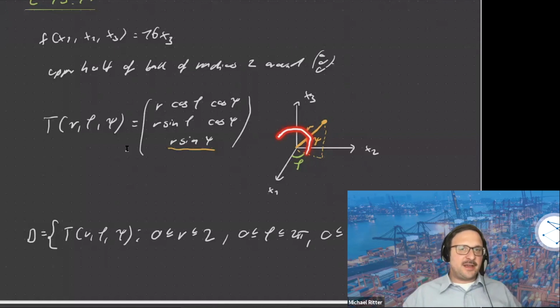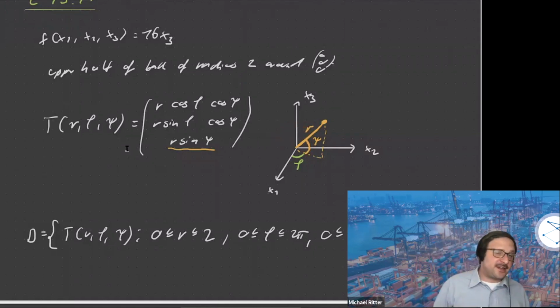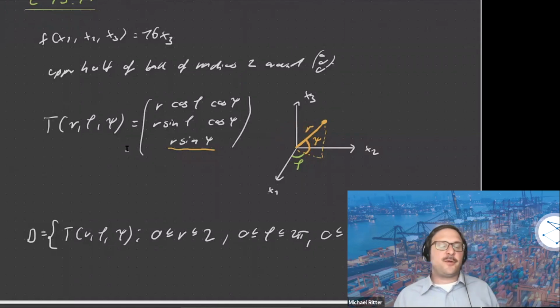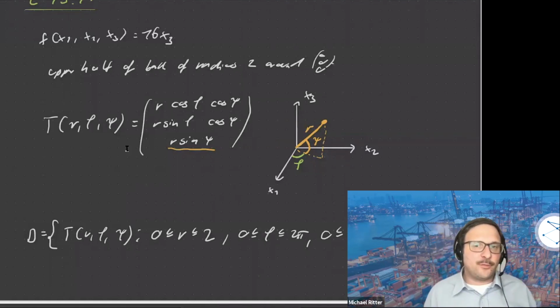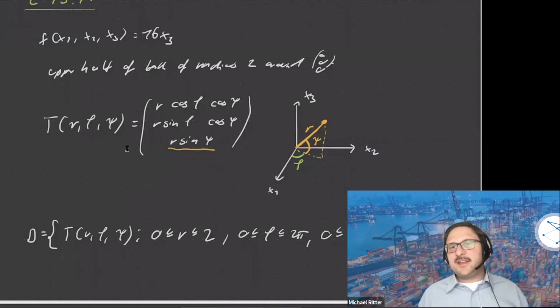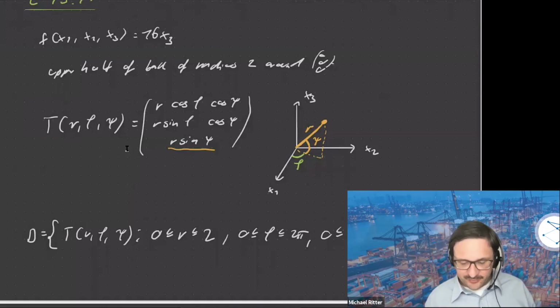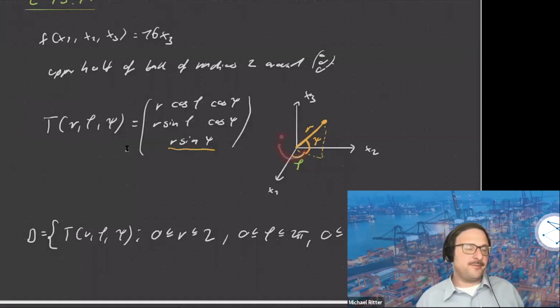And that means in the description of that set D, we would formally have those points twice. We'd cover them more than once. And that means in the integral, they would also be counted more than once. So that would give us the wrong result. We need to make sure that our set D describes all the points that we want to cover exactly once. And that's why I'm restricting psi between 0 and pi over 2, because I already have all those other points by rotating with a phi.